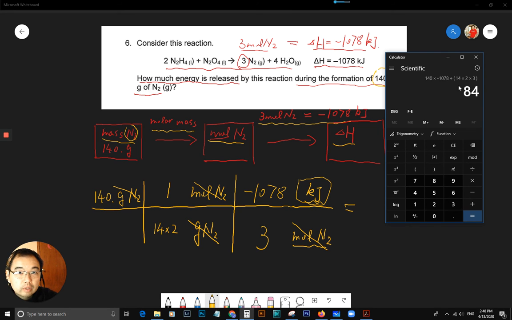So when you do your calculation, please don't forget the parenthesis. In the bottom part, you need to have a parenthesis to cover it. Otherwise, you're going to have a problem. That is equal to negative 1796.7.